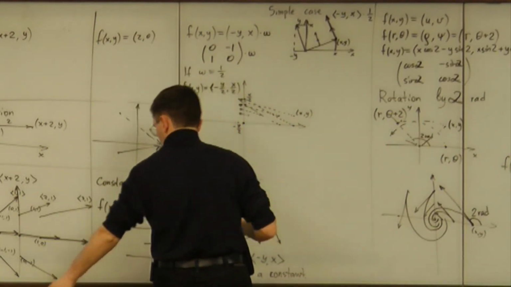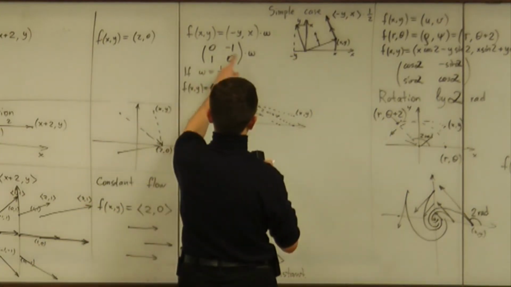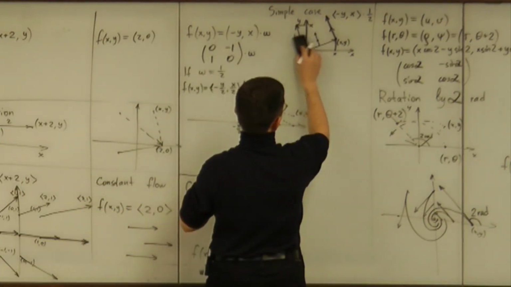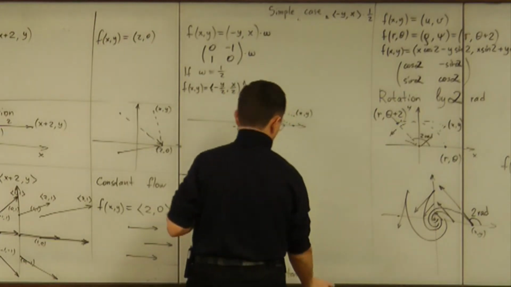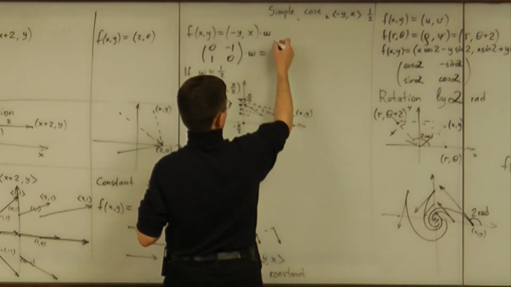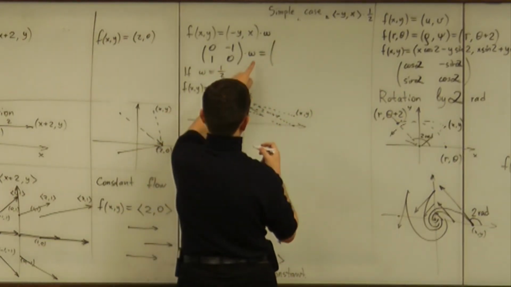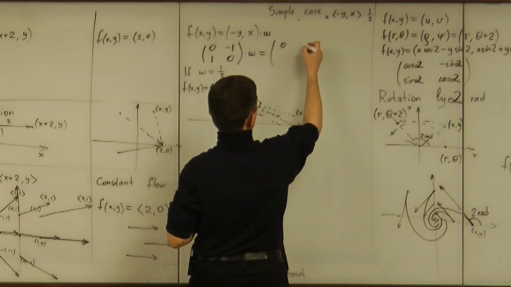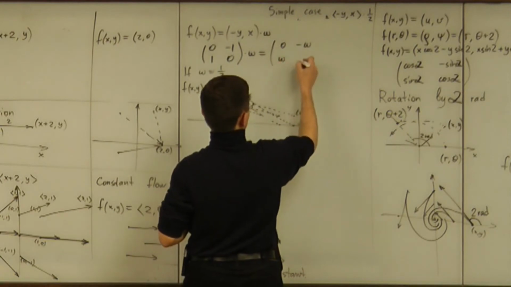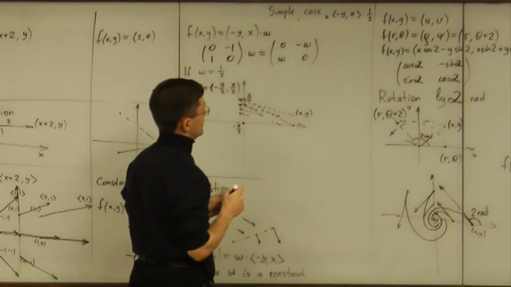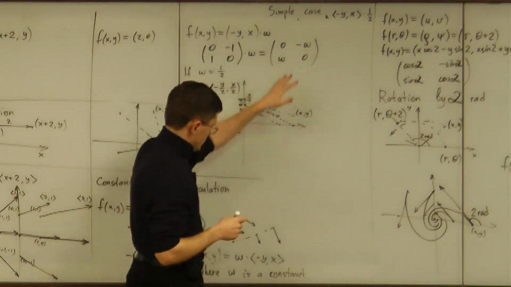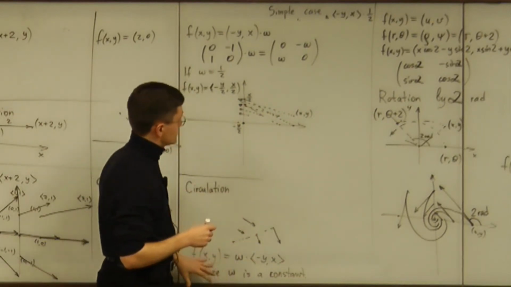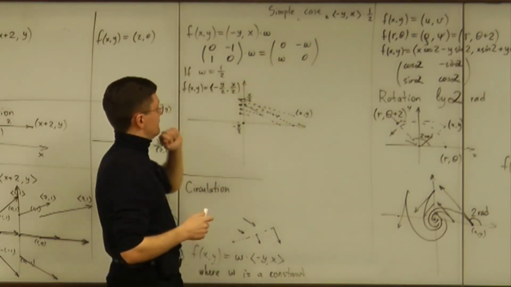And, well, what do you think should be the rule of multiplying a matrix by a number? Well, the very intuitive rule, very simple rule, is that you multiply each number by that omega. So you get 0, minus omega, omega, and 0. So that's the matrix representing circulation in physics with angular velocity omega.